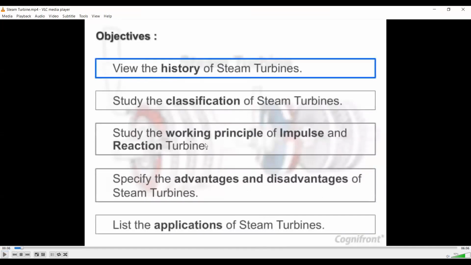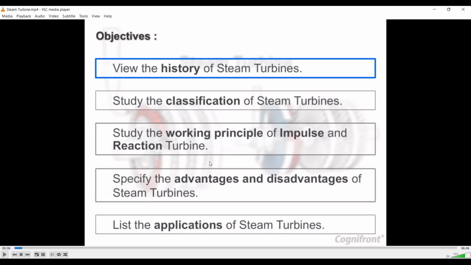Okay, so these are the various objectives which we are going to cover in this video. It's a small video. The first one is to view the history of steam turbines. What is the history of the steam turbine? Who is the inventor? Then the classification of steam turbines. Then study the working principle of impulse and reaction turbines.